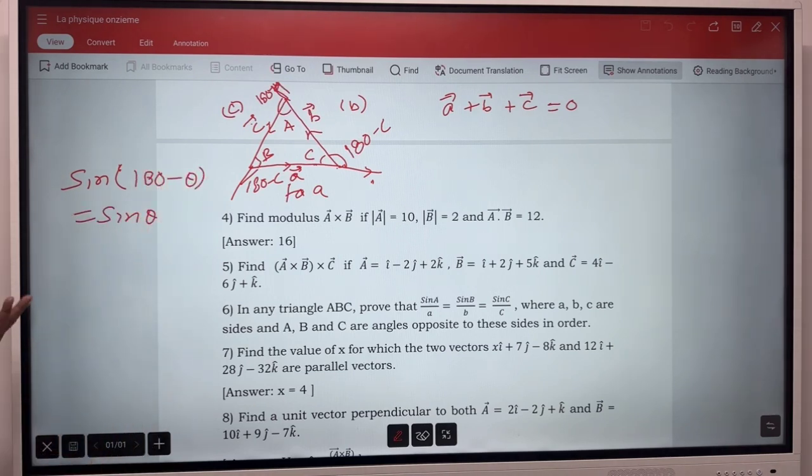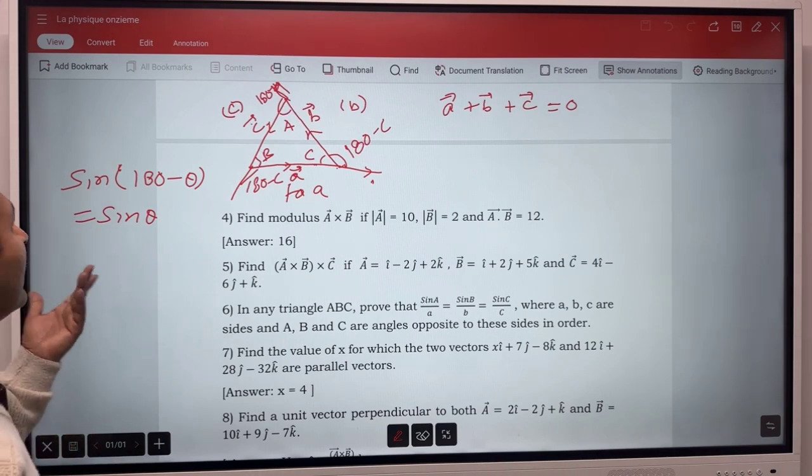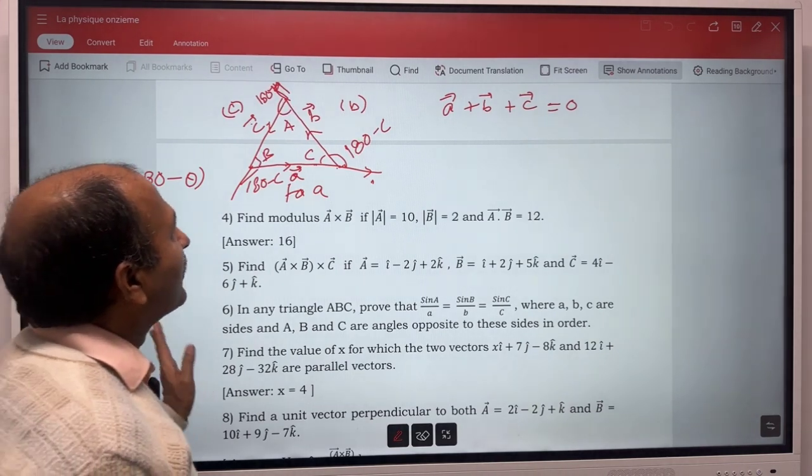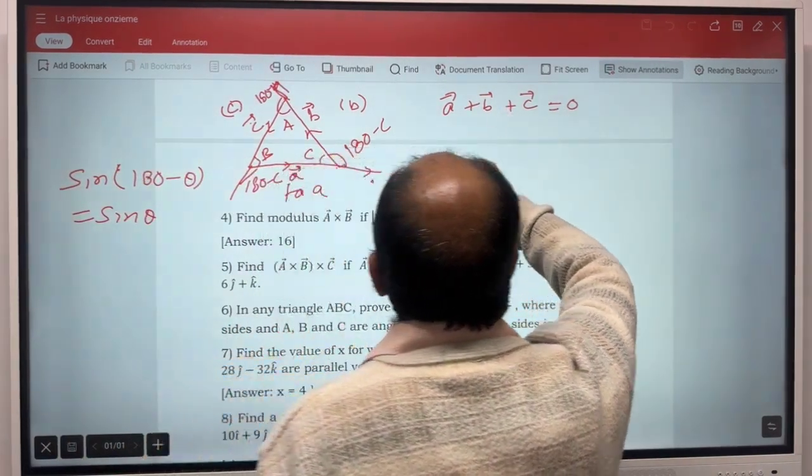So no change will occur whether you put sine 180 minus theta or sine theta, but you have to put 180 minus theta. I will tell how.